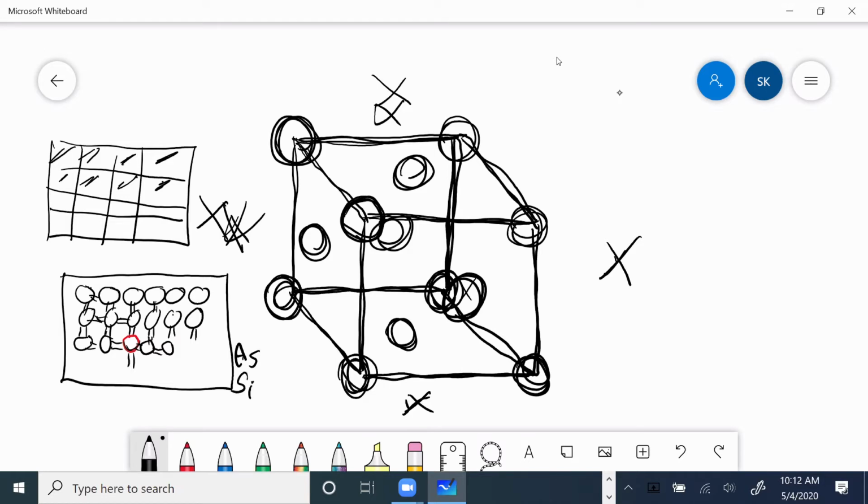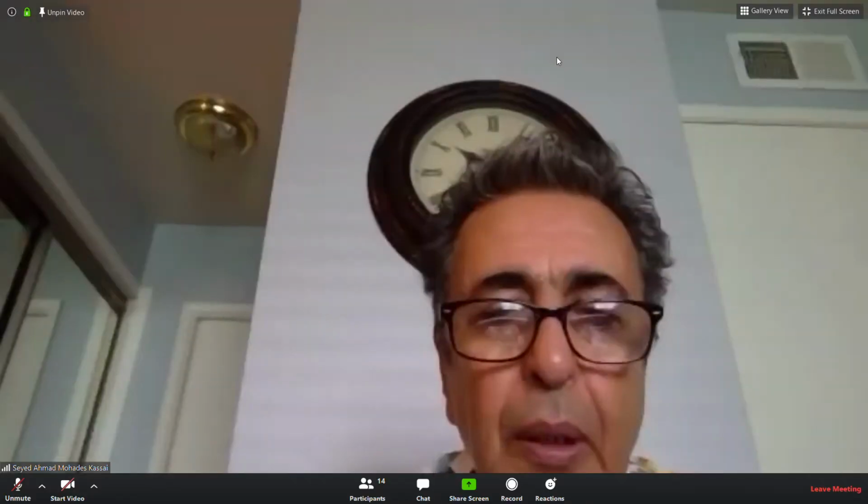Because of this red atom, the silicon atom which was originally there has now been thrown out of its place. So where does it go? It goes and sits there. Did you see where I drew it? It goes and sits somewhere that it is not supposed to sit.